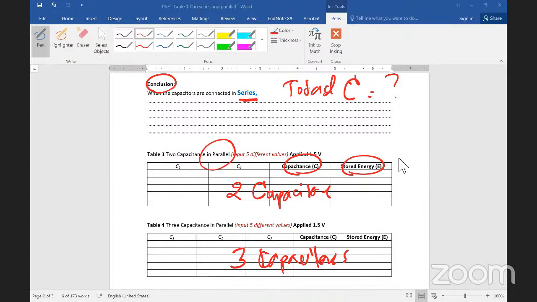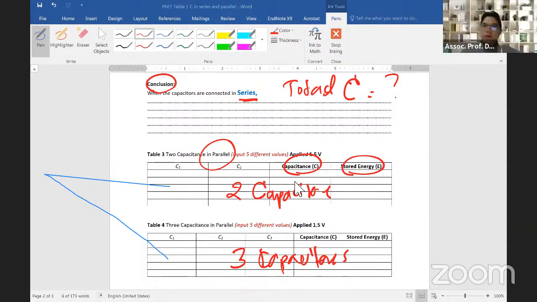Students, have you got the PhET simulation? That is the link given by Mr. Buaravan. Everybody, could you please answer my question?